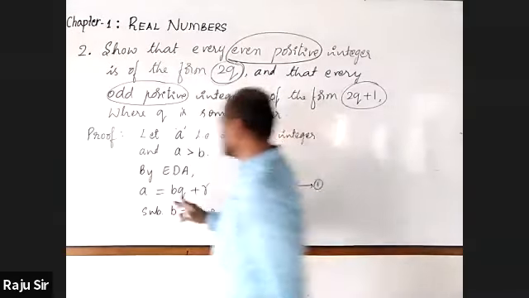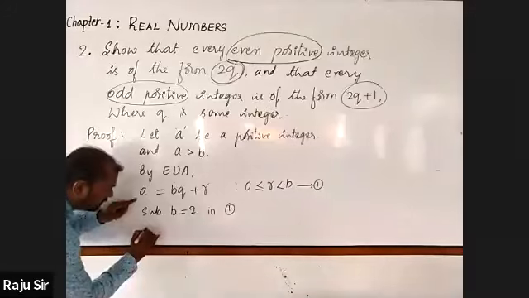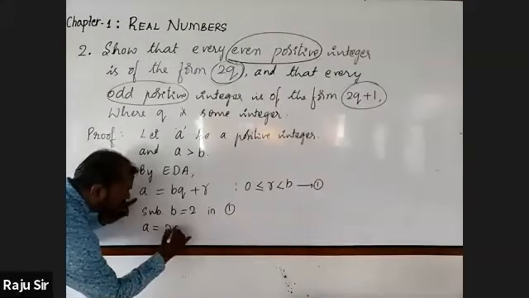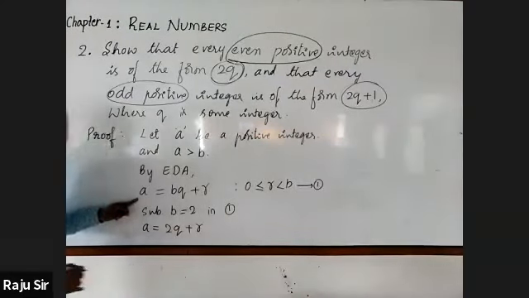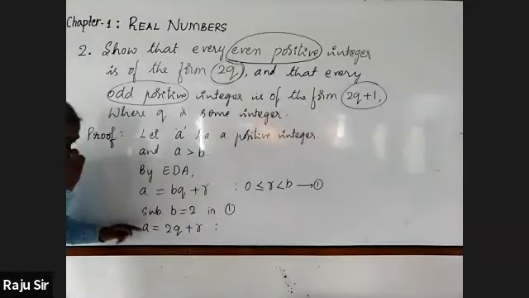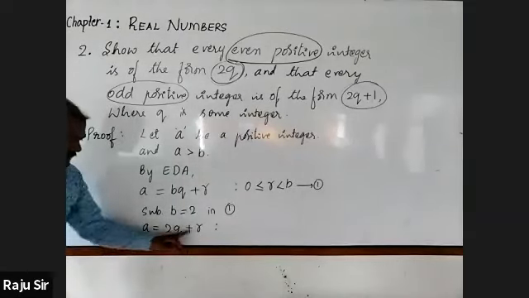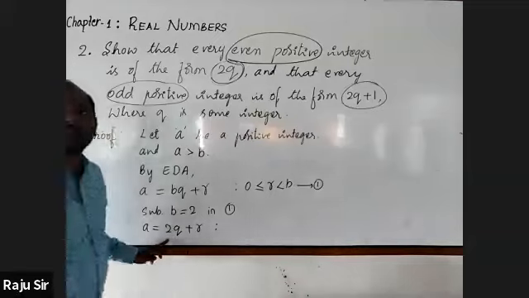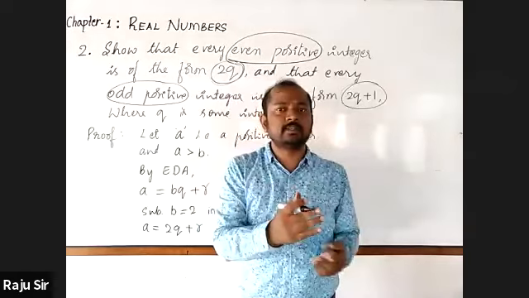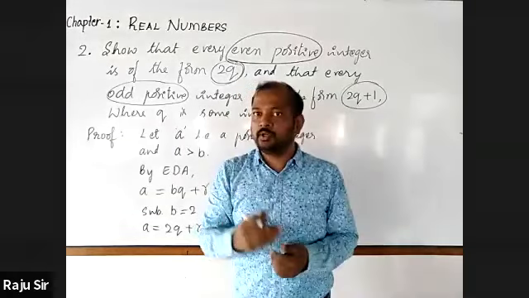Then statement 1 can be written as A is equal to 2Q plus R. Here, 2 is called the divisor. If any number is divided by 2, what will be the possible remainders? I've already told you that in the very beginning of the class.